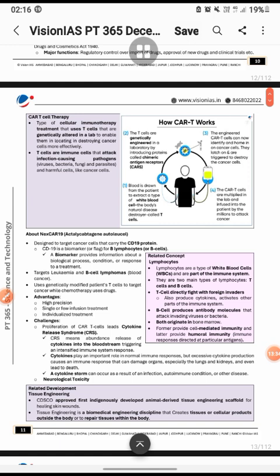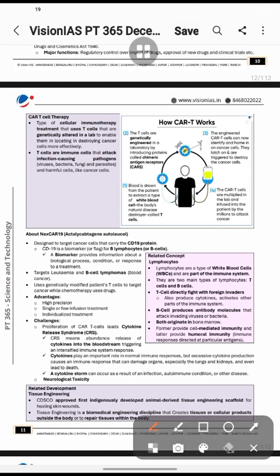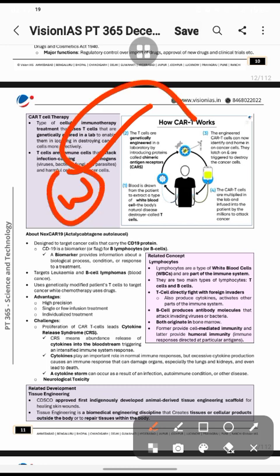So CAR T, how does it work? It is a genetically engineered, introduced protein, the chimeric antigen receptor. Blood is drawn from the patient, white blood cells are collected, and the cells are identified and home in on cancer cells.